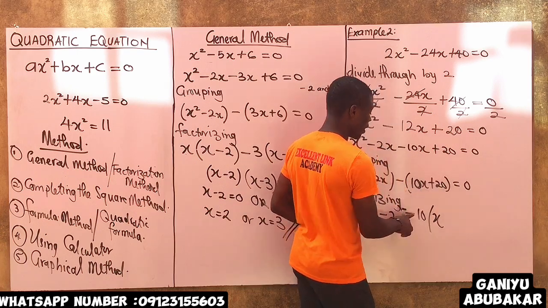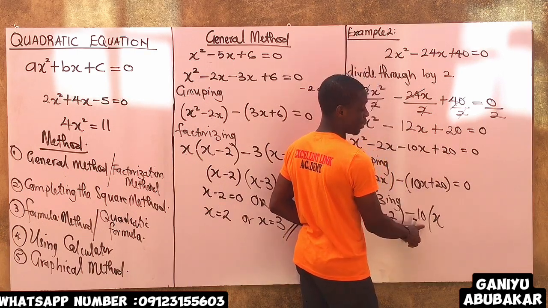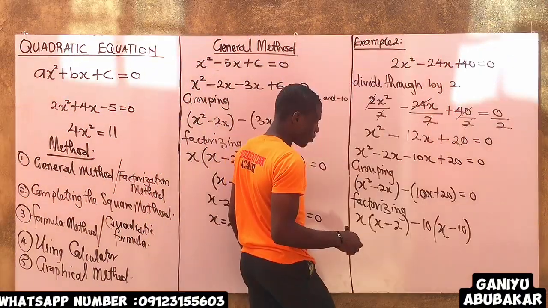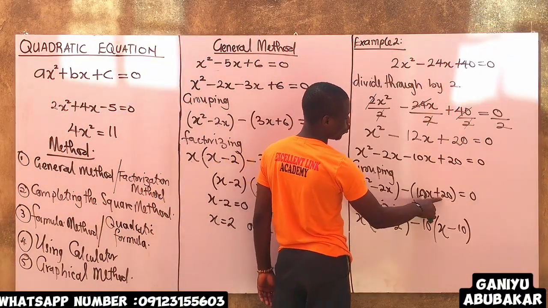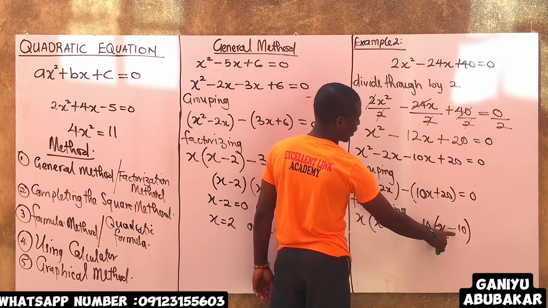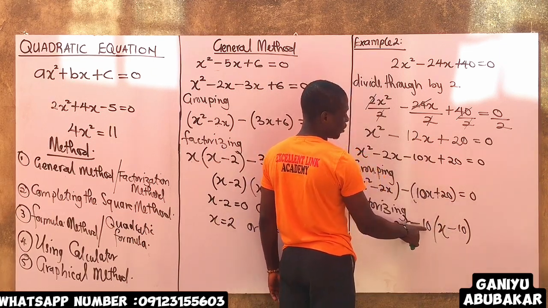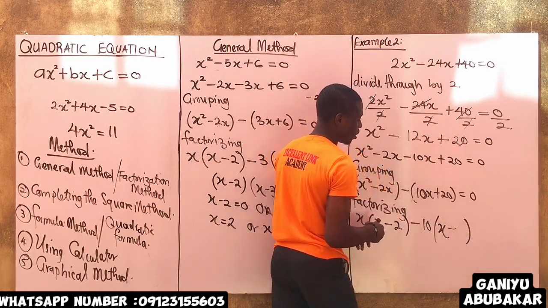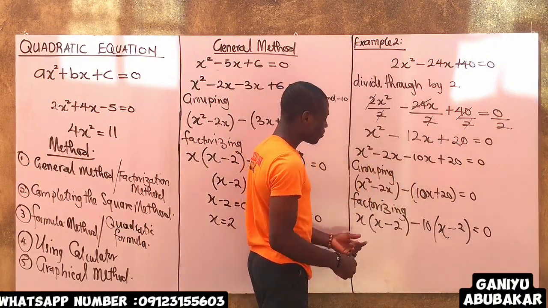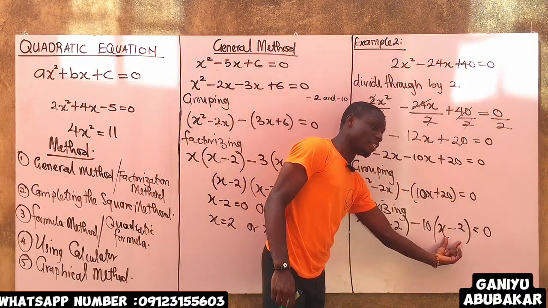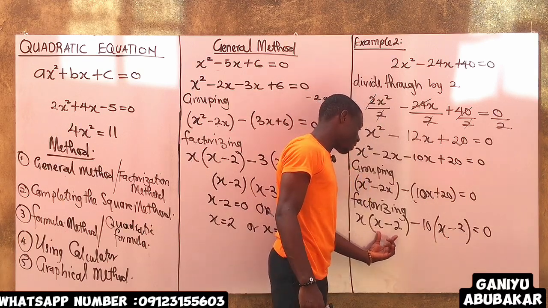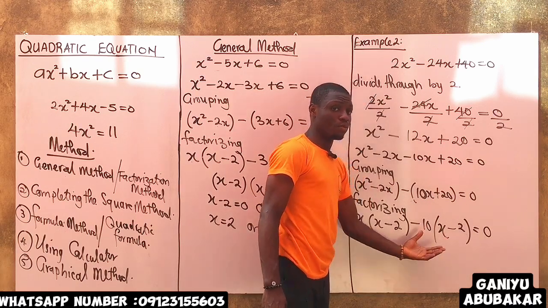Next, plus 20 divided by minus 10, plus times minus is minus, 20 divided by 10 is 2, not 10. I have 2, equal to 0. Observe that the terms in the brackets here and here are the same thing, so we're correct.